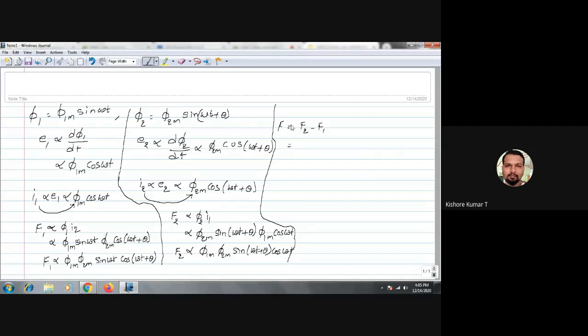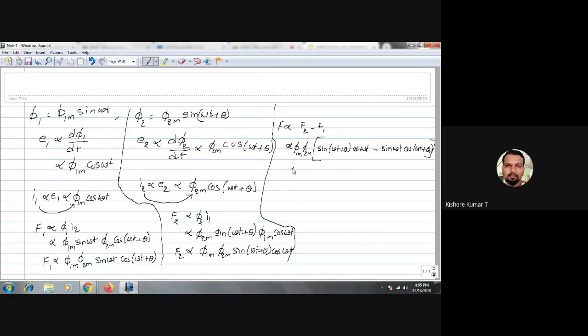If you take that as common, sin omega t plus theta cos omega t minus sin omega t cos omega t plus theta.